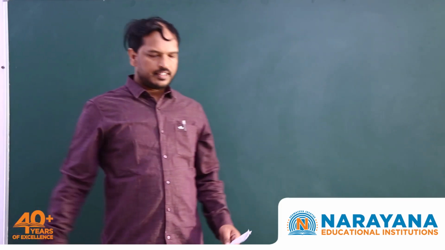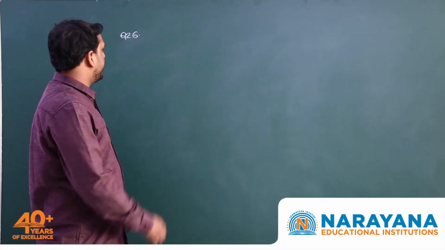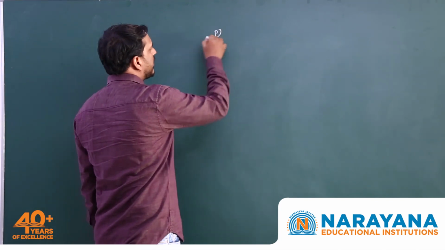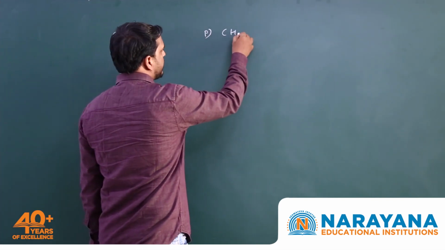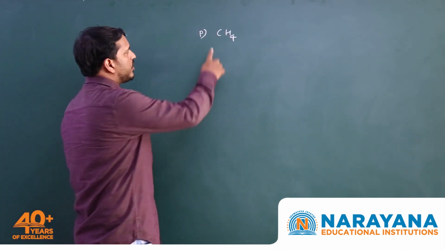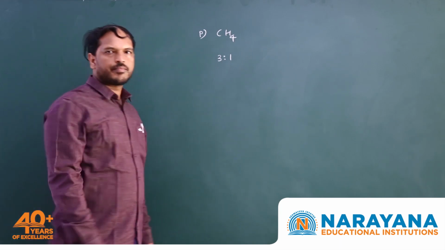In this question, two columns are given, we need to match these two. In option P, methane CH4 is given. It is given the weight ratio of carbon and hydrogen as 3:1.